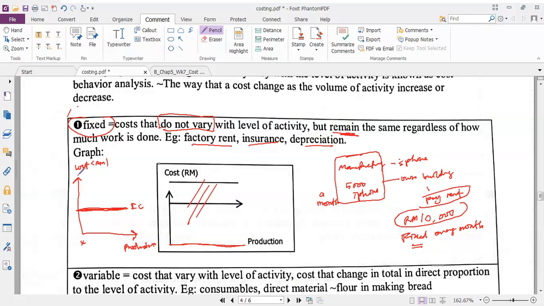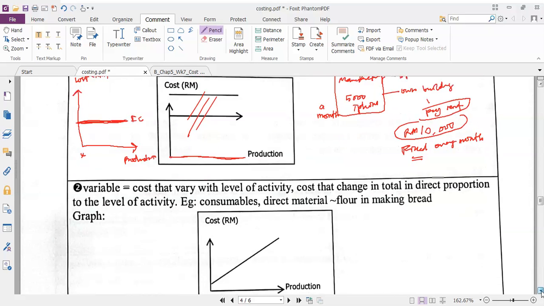Tengok dekat y-axis ni cost, x-axis ni adalah production. Okay, can you understand what is fixed cost, my dear? Boleh? Faham Syaidah? Faham. Alright.